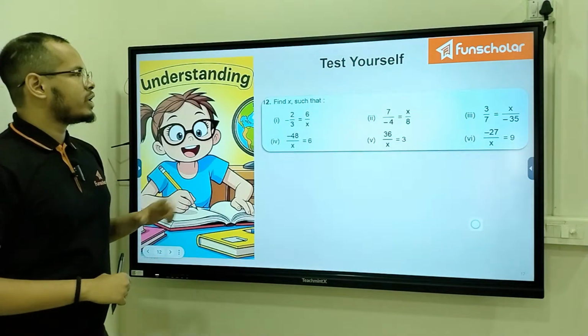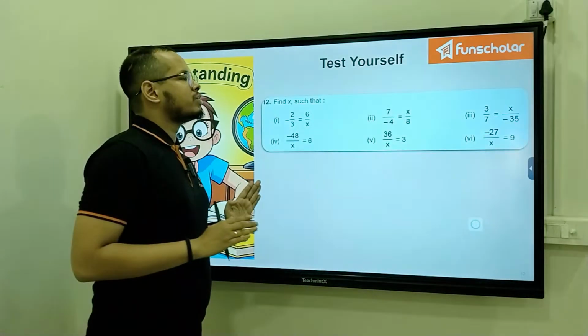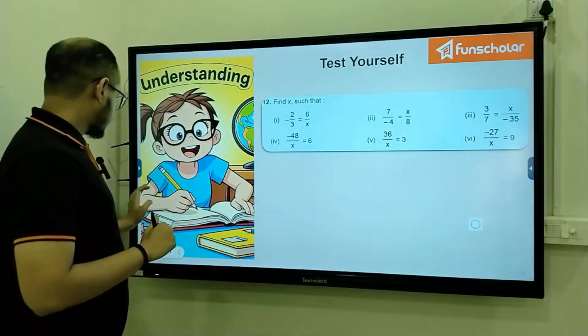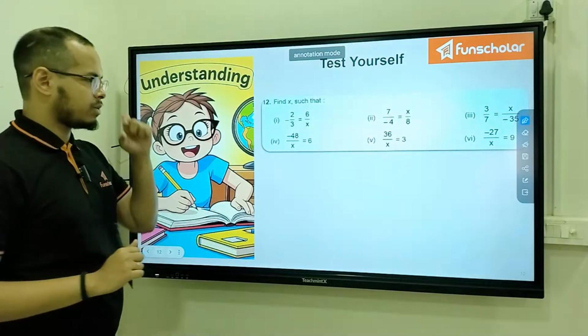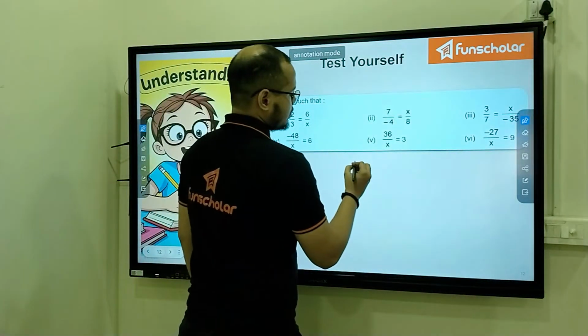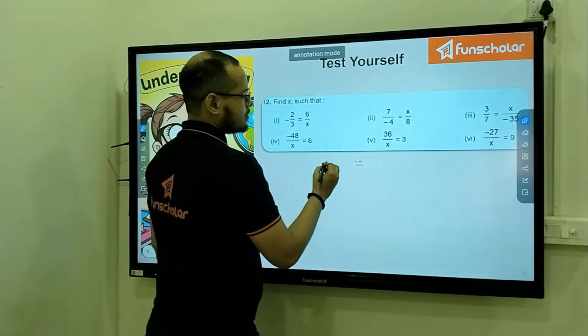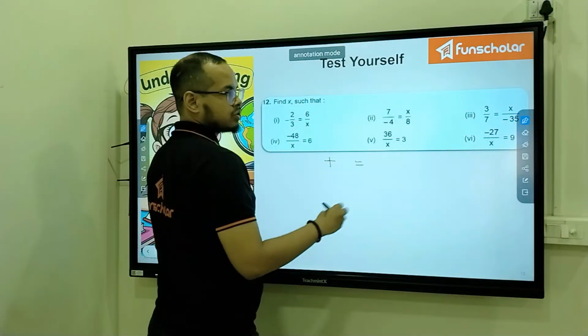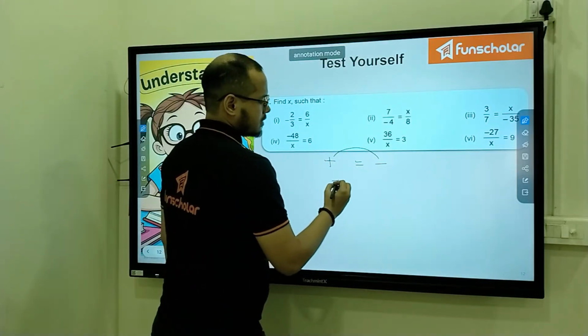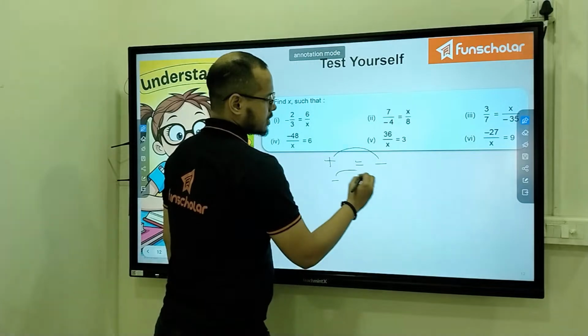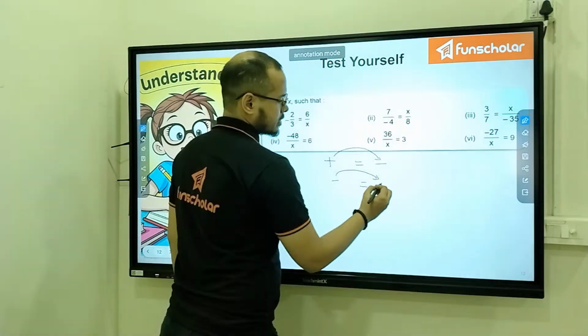Now we have to start off with the next chapter. Before starting, I would like to make sure that you understand some basic concepts of an equation. If there is an equation and I have a positive sign over here, if it goes to the other side of the equal to sign, it will become negative. Similarly, a negative sign, if it goes to the other side of the equal to sign, it will become positive.